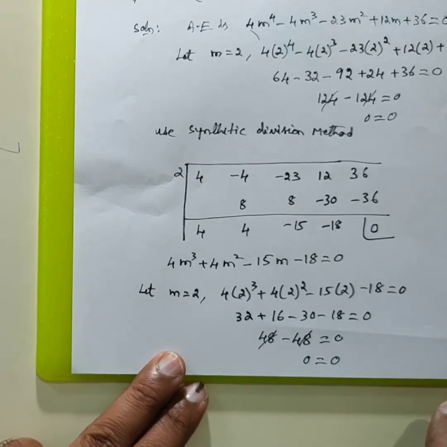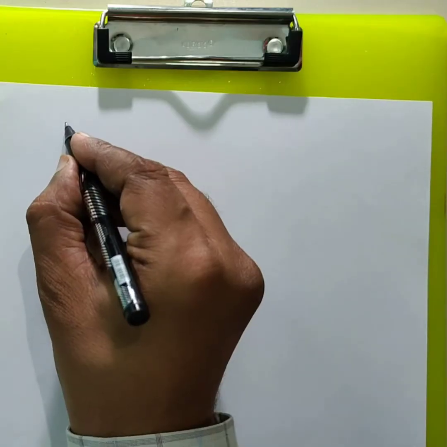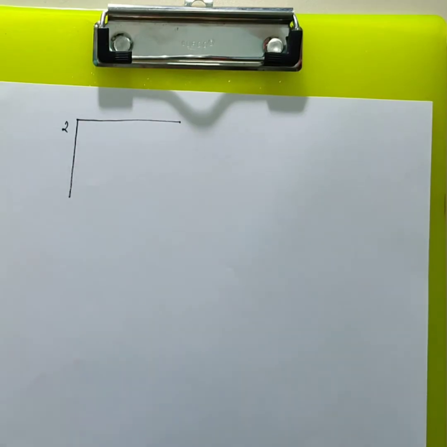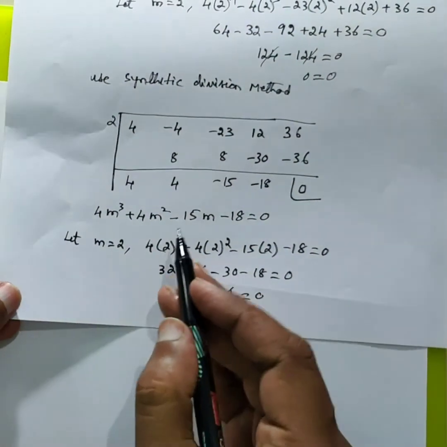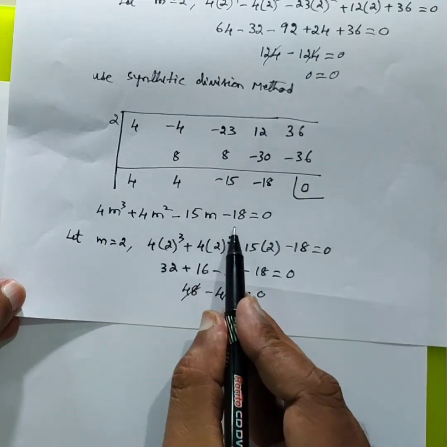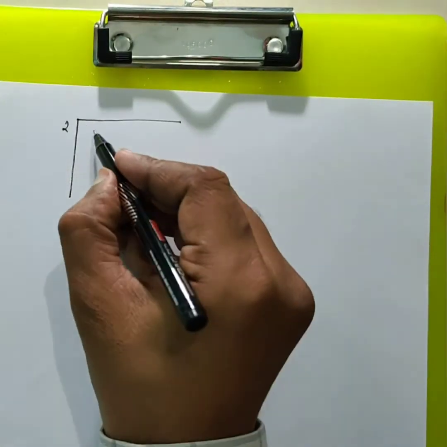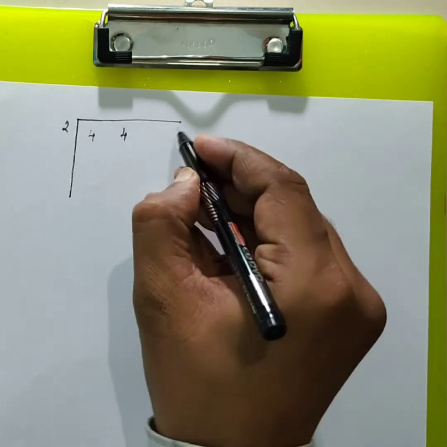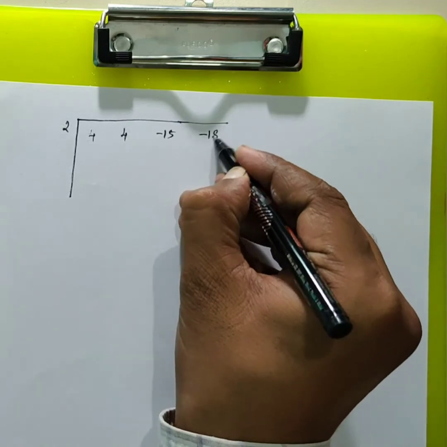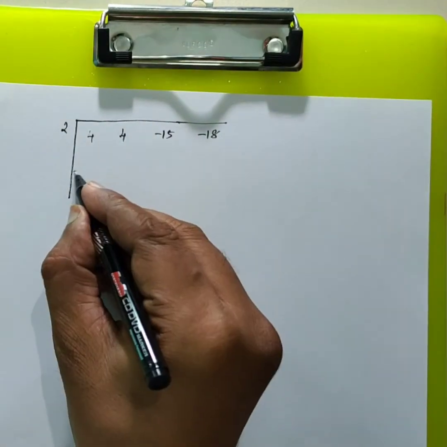So once again we'll try to use the synthetic division. So m equals 2. And the coefficients that you have, so the coefficients you can see over here, it is 4, 4, minus 15 and minus 18.